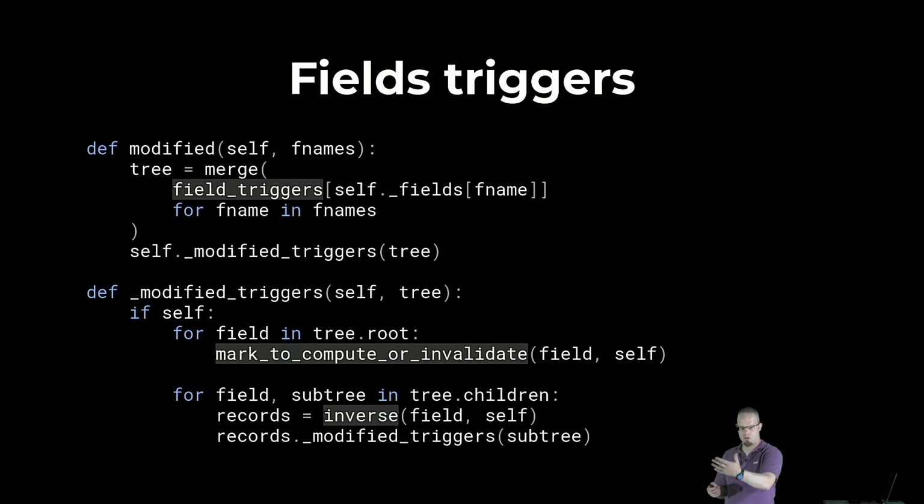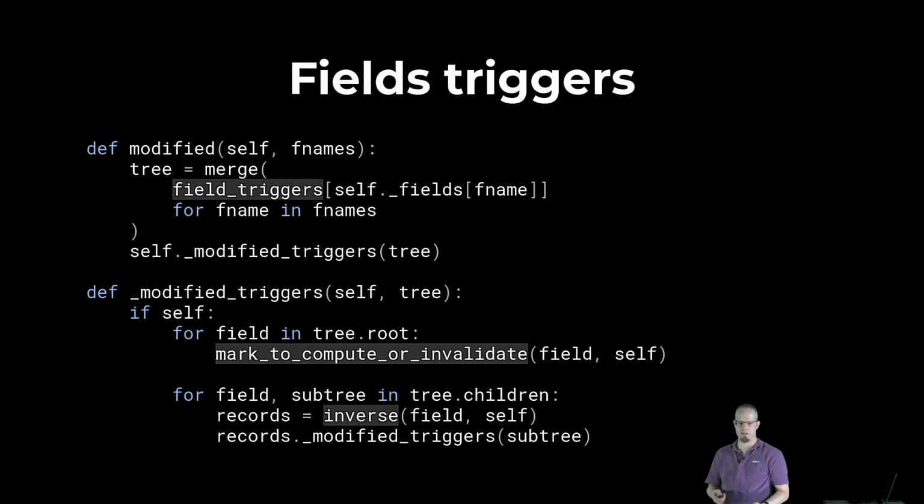And this is recursive. So you first process the root of the tree, and those are fields to be computed. So you either mark them to be recomputed if they're stored, or you invalidate them from the cache, and therefore accessing those fields will automatically recompute them.